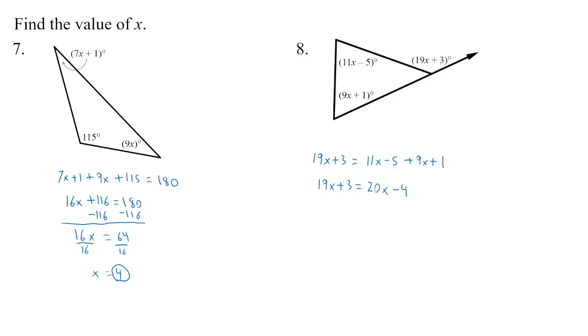So now we're going to subtract 19x from both sides, and you will get 3 equal x minus 4. Then we add 4 to both sides, and you'll get 7 equal x. And therefore, the solution is 7.